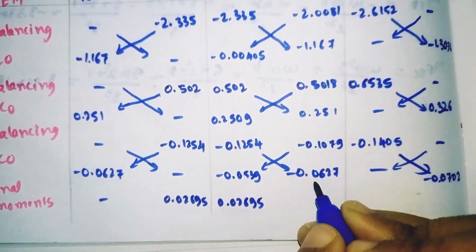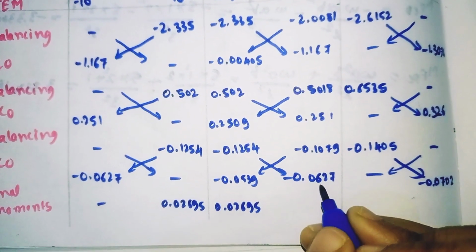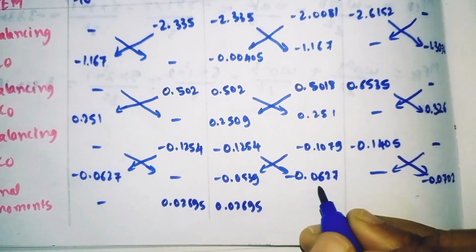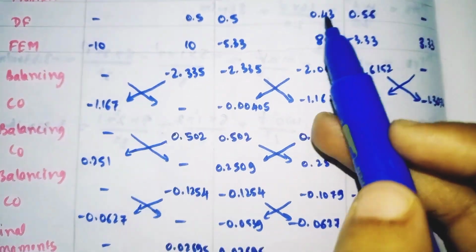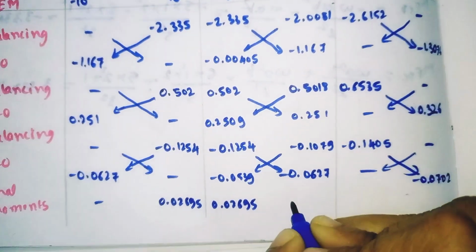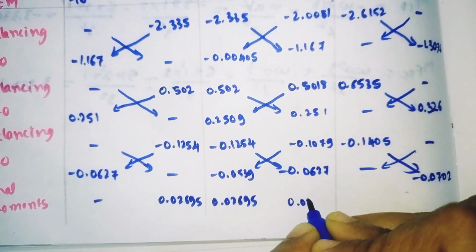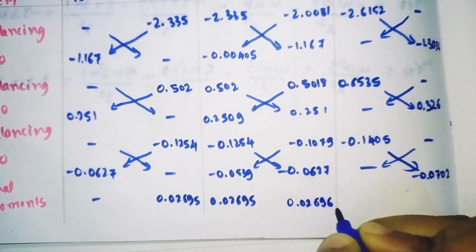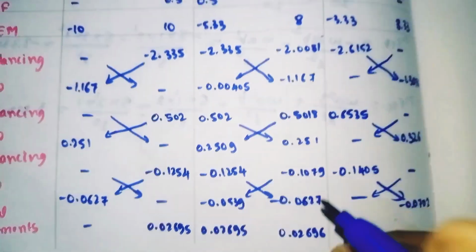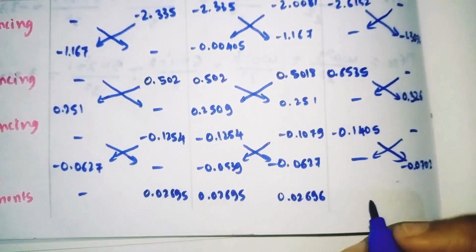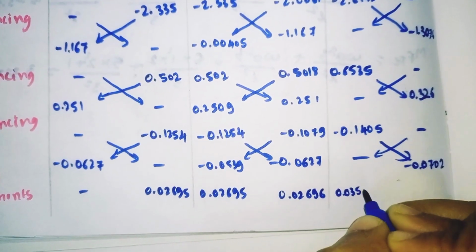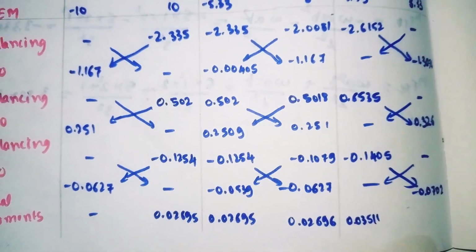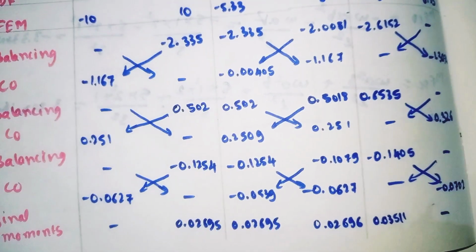And this 0.0627 is in minus, make it positive. Then multiply this with 0.43, you will get 0.02696. And if you multiply with 0.56, you will get 0.03511. So this is the balancing.